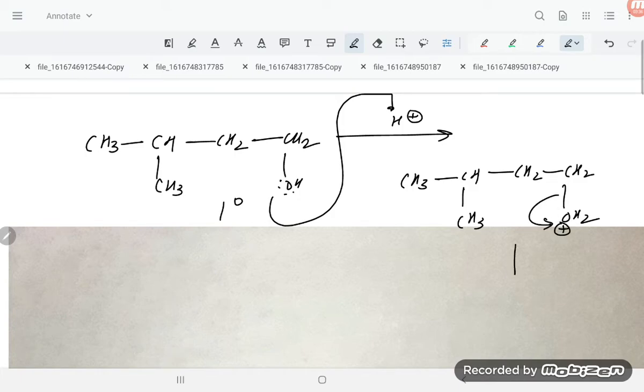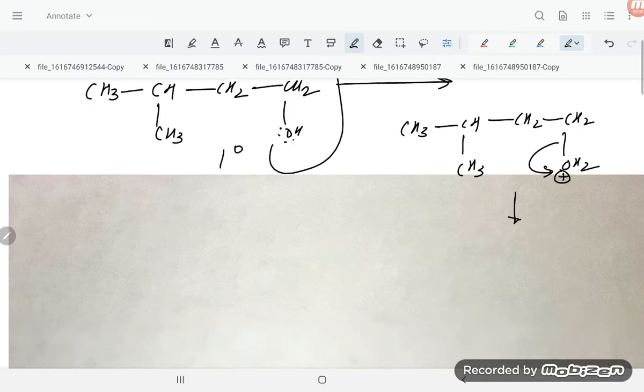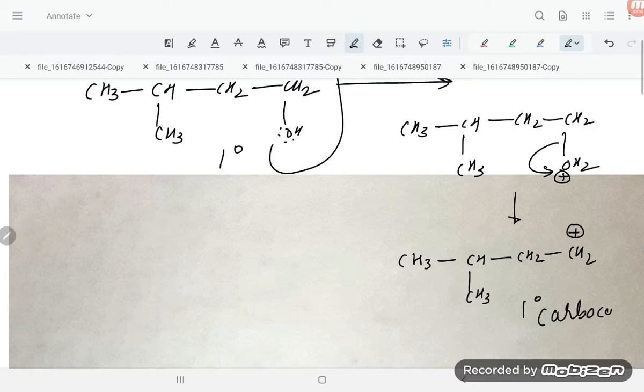Next step, removal of a water molecule takes place. So you see this compound CH3, CH, CH2, CH3, and what is the degree here? This is forming a 1 degree carbocation, so less stable.